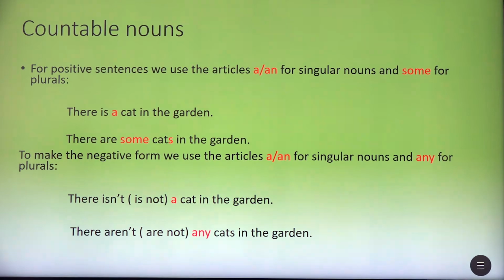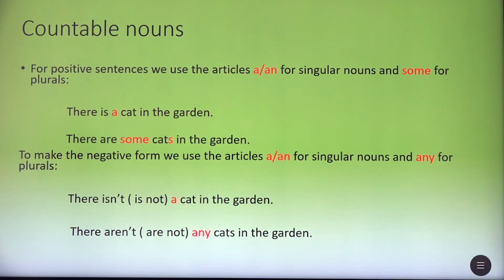We'll start with countable nouns again. For positive sentences, we use the articles a, an for singular nouns and some for plurals. There is a cat in the garden and there are some cats in the garden. These are 2 examples.